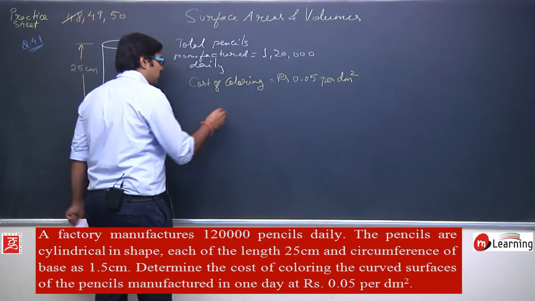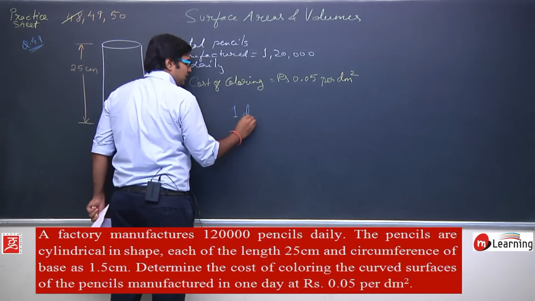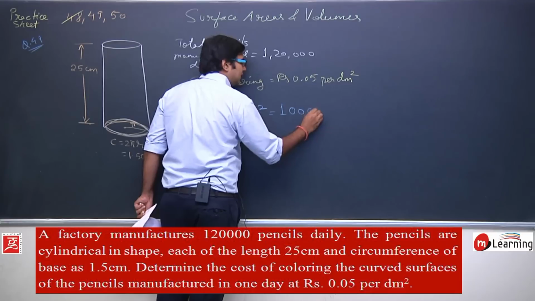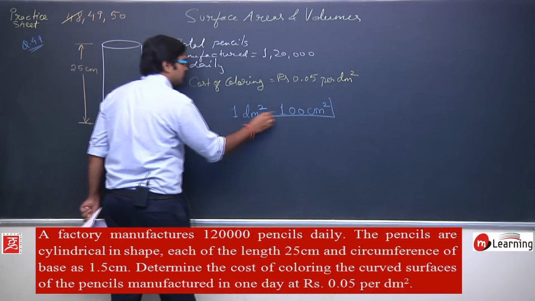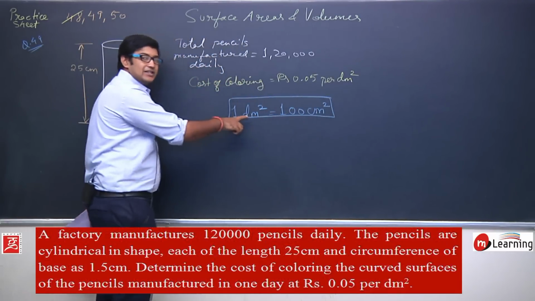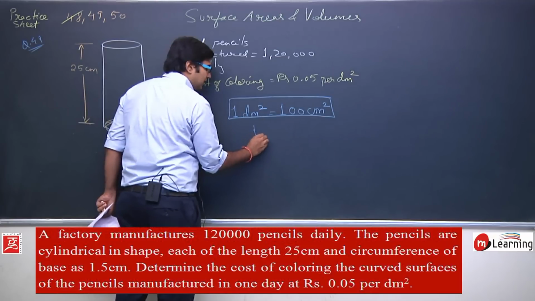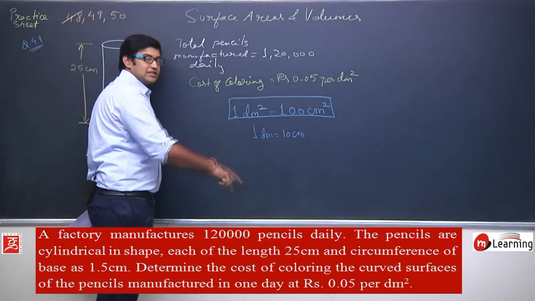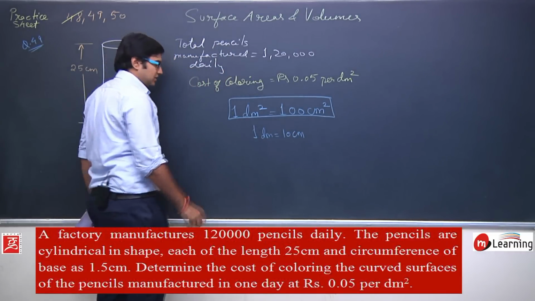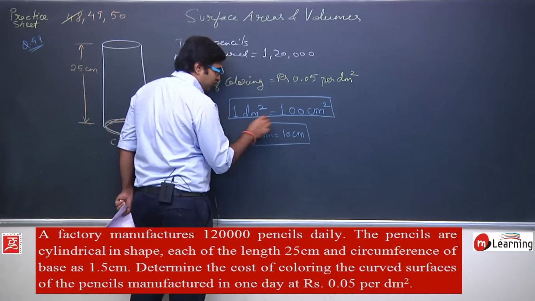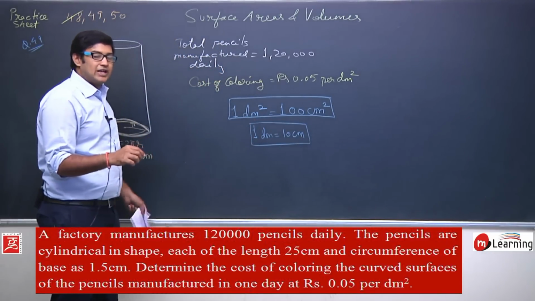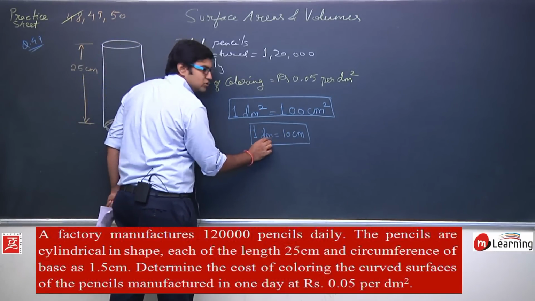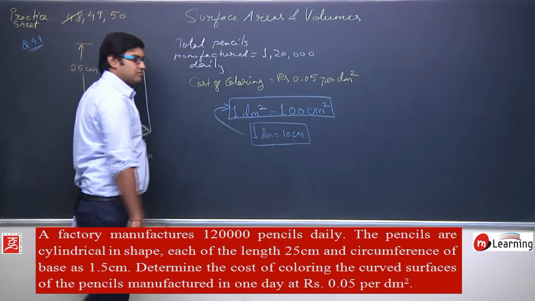So I know that 1 dm square is equals to 100 centimeter square. Now how I obtained this result? It's because 1 decimeter is equals to 10 centimeters. Okay, so 1 decimeter is equals to 10 centimeter. If I square both the sides, I will get this result.